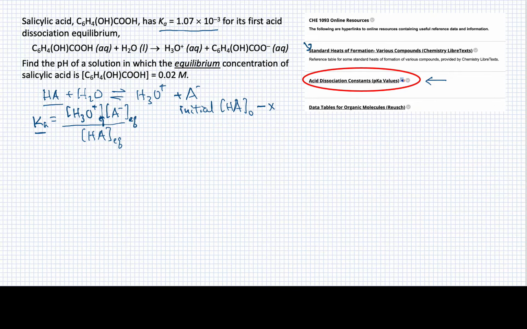But this will now represent the equilibrium value in an ICE table. For each of the things that it produces, however, it starts off with 0 concentration and it adds this amount.